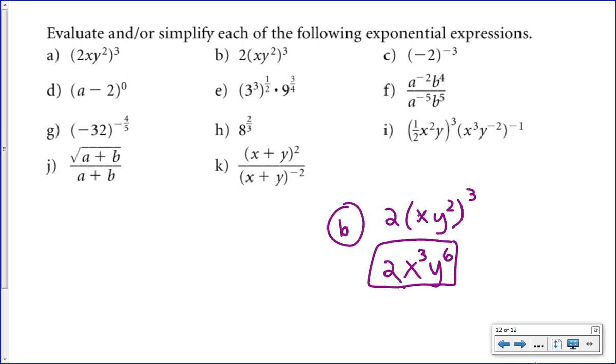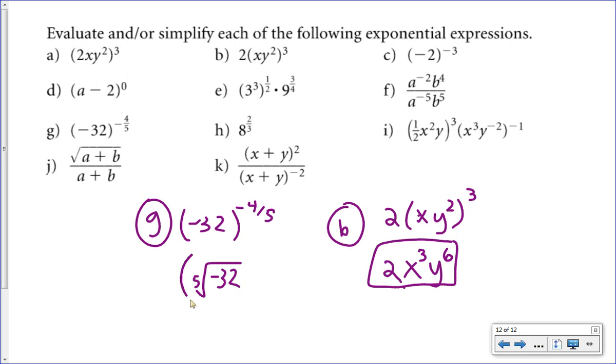For something like G, that's going to bring in the new rules that we just learned. So let's talk about -32 being raised to the -4/5 power. It's helpful to think about it as a root first. So we've got the 5th root of -32, and that whole quantity is being raised to the -4th power.